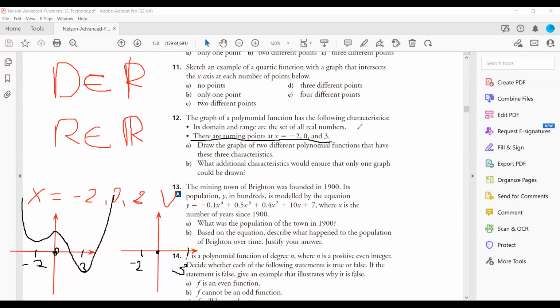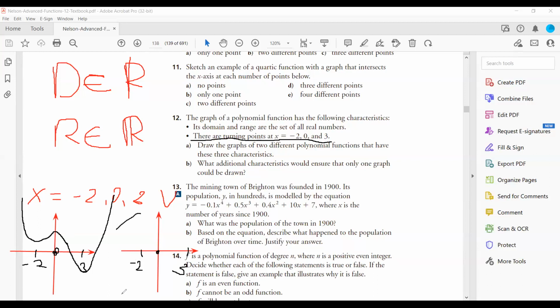This is not an odd degree function. This is most likely an even degree function because we have 3 turning points. It's like turning left, right, and then left again. You cannot go to negative infinity if you start from positive infinity. If you made 3 turns, you're returning back, if you made an odd number of turns. So this is one possible graph of this function.